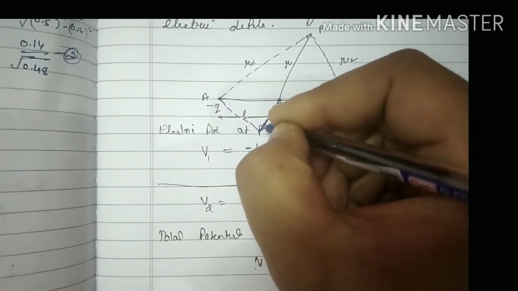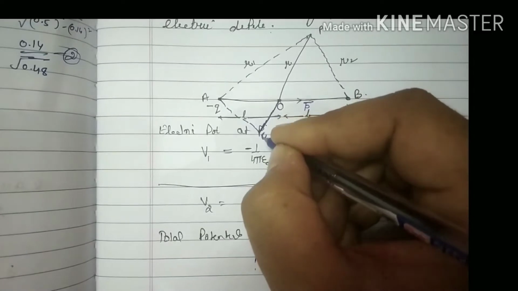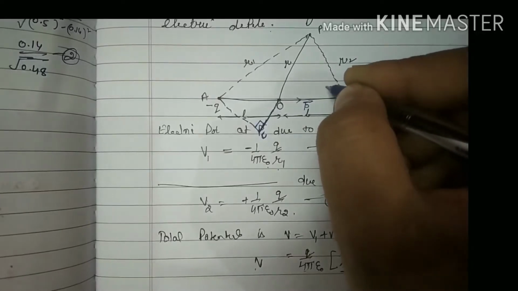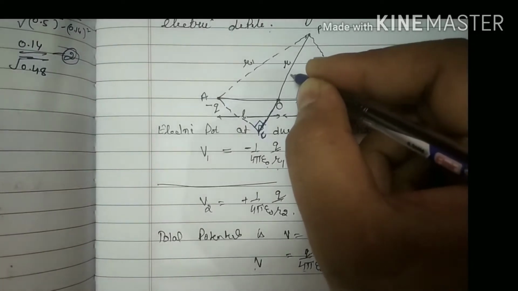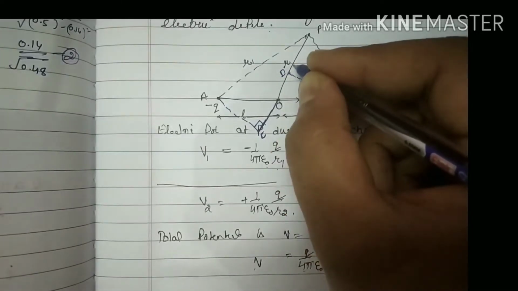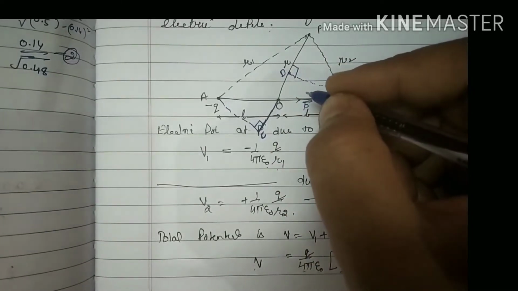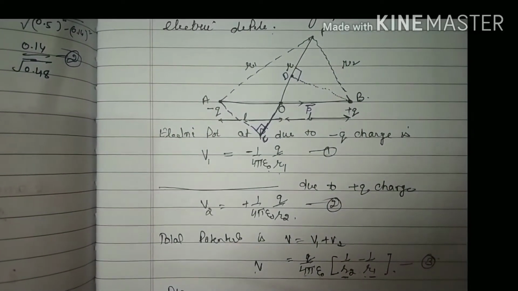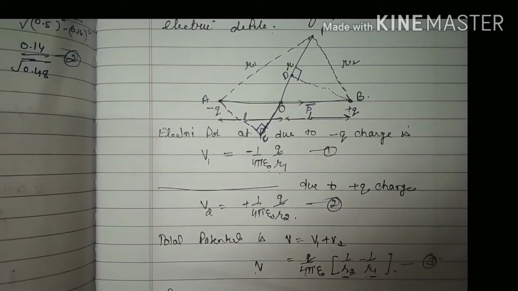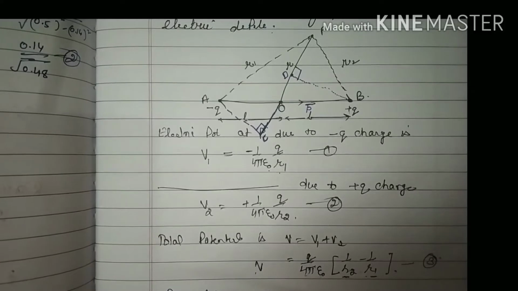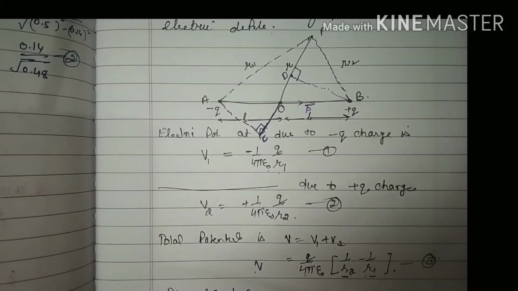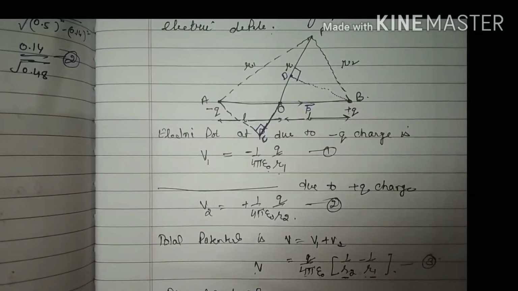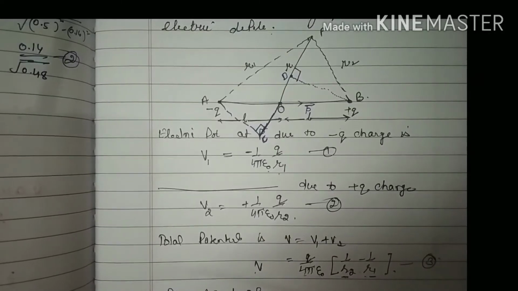This perpendicular, I am writing here C. Similarly, we will draw a perpendicular on OP, and at this point I will take D. So draw AC perpendicular over OP, and also BD perpendicular over OP.